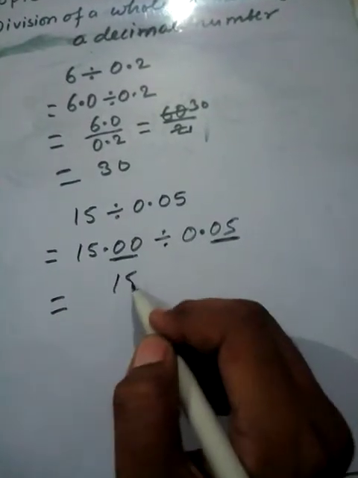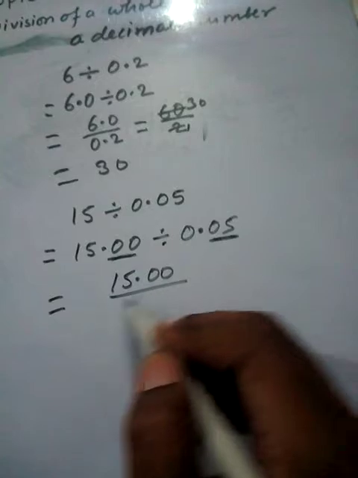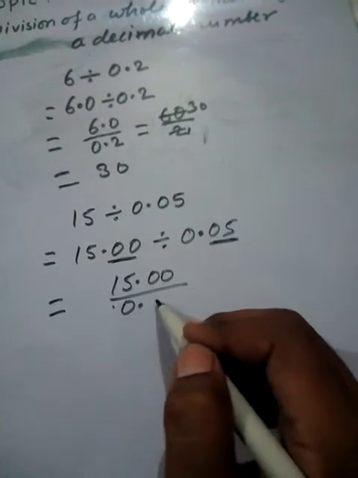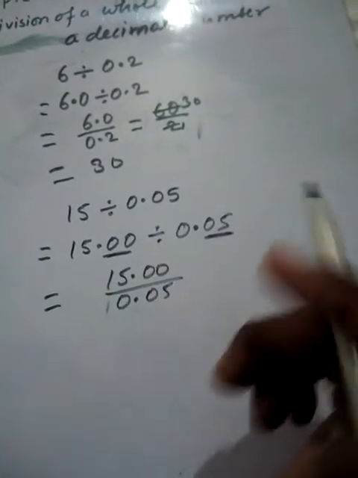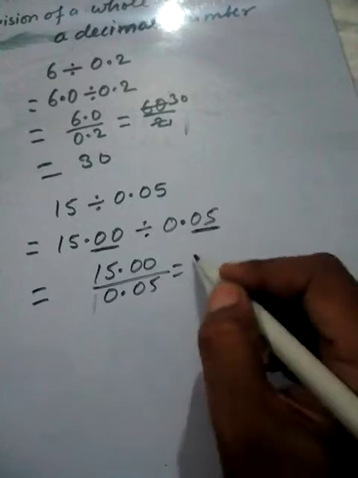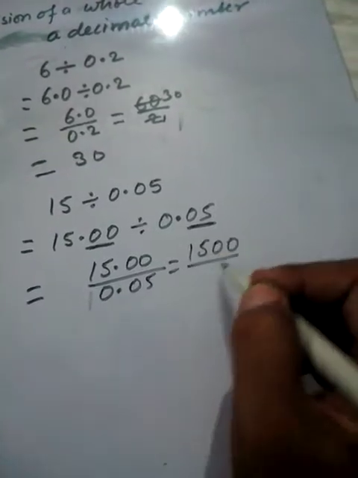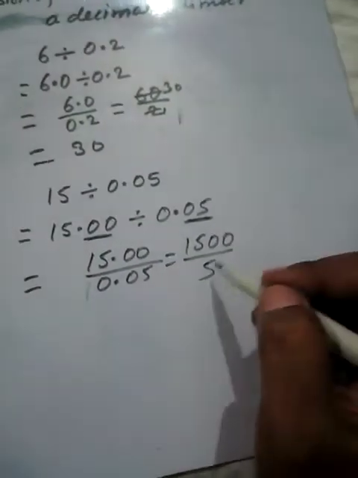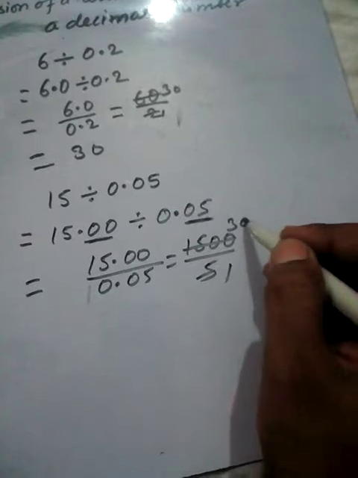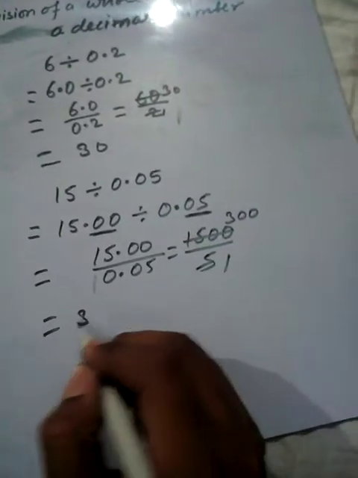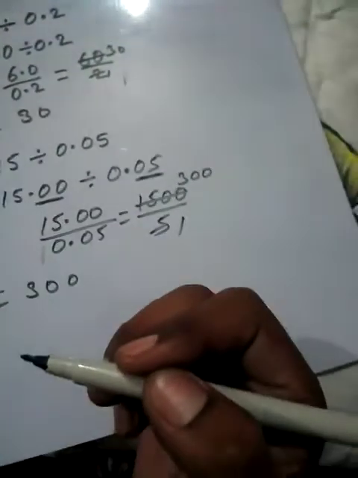Now you can write 15.00 by 0.05. Now you can remove the decimals and you can write 1500 by 5, which is 300. Very simple.